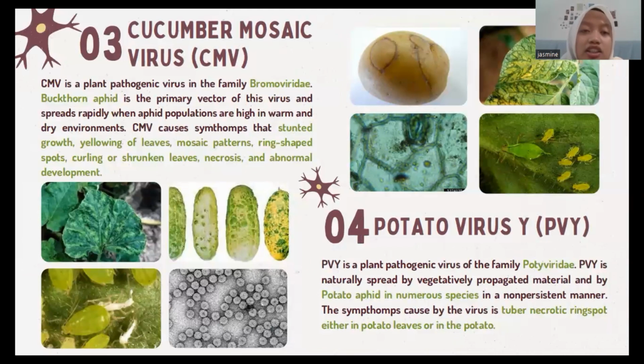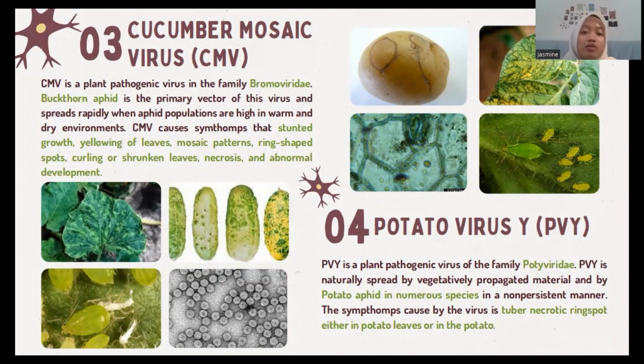Next is cucumber mosaic virus or CMV. CMV is a plant pathogenic virus in the family Bromoviridae. Aphids are the primary vector of this virus, which spreads rapidly when aphid populations are high in warm and dry environments.